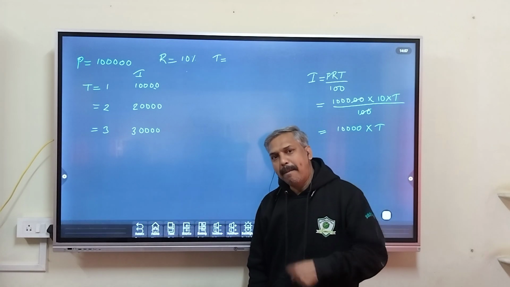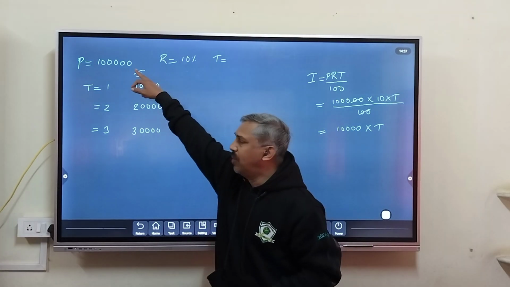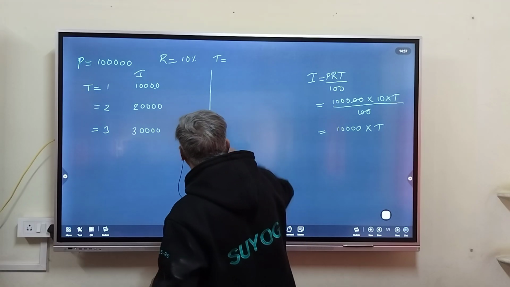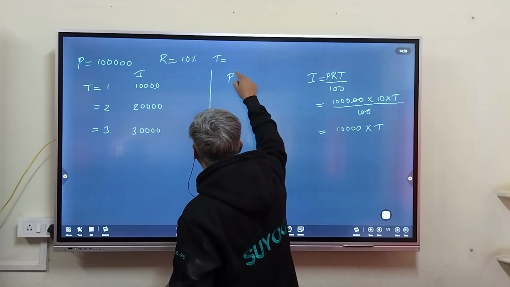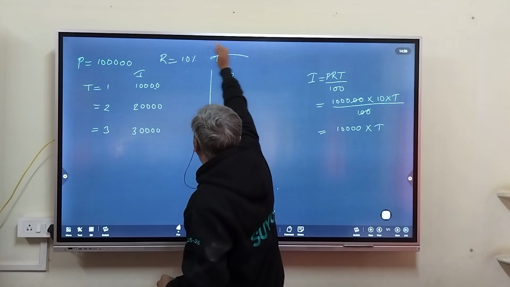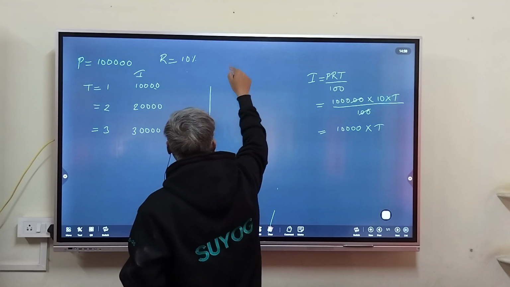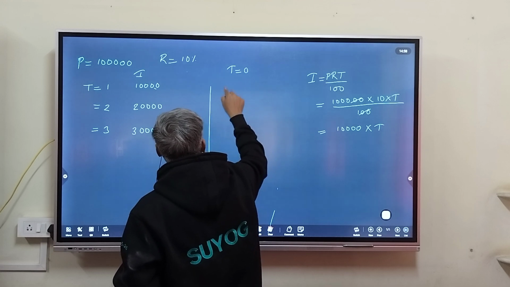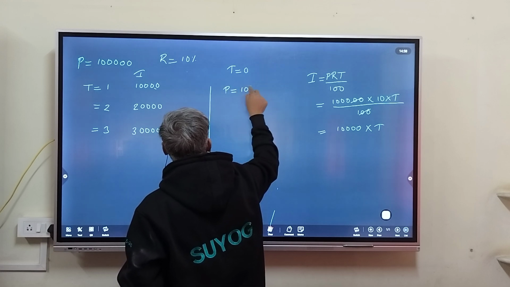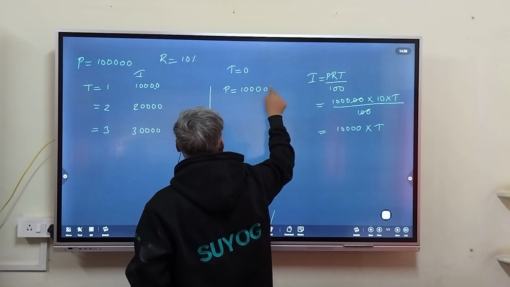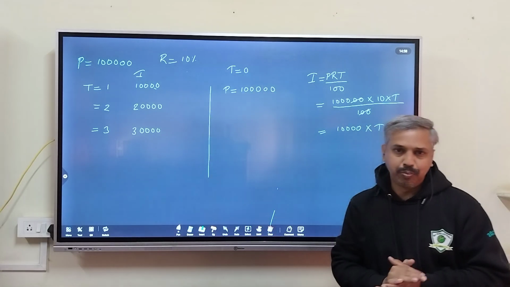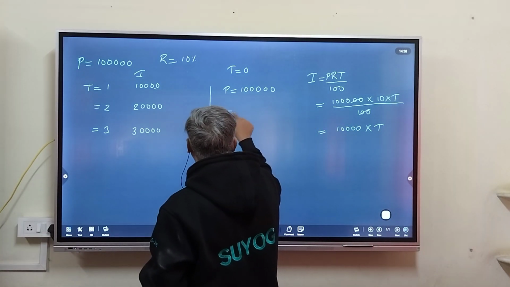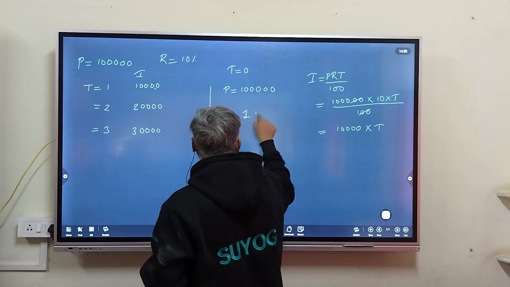He is saying, but the money that I gave you initially, at the start of the year, please pay attention to this now. P, when the time is equal to 0 years, then principal amount is 1 lakh rupees. But then after 1 year, T is equal to 1 year.